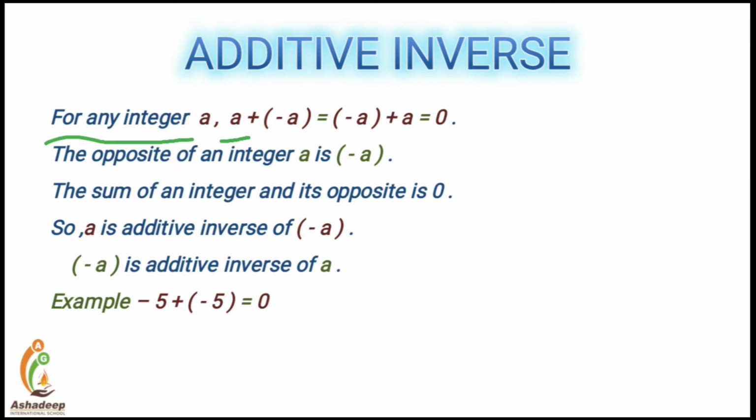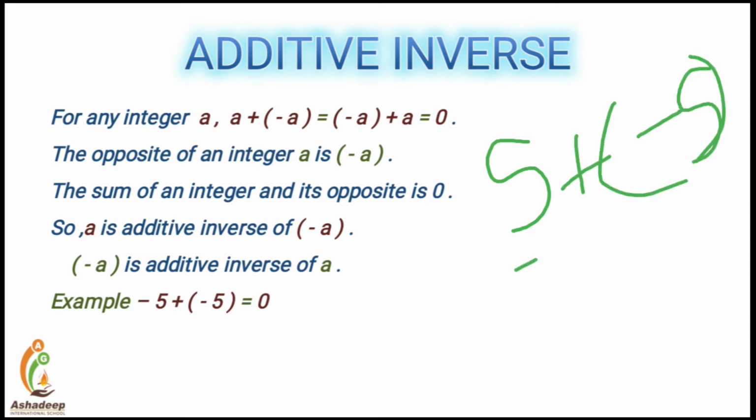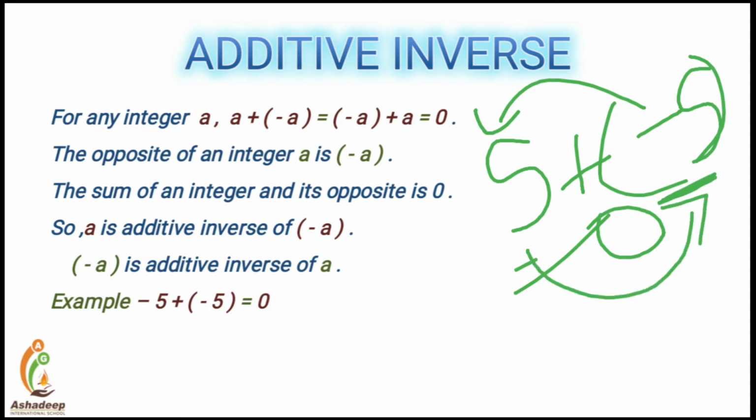By changing its sign. Suppose a number is a, then its opposite will be minus a. If a number is 5, then its opposite will be minus 5. And when we add these two numbers, their sum will also be 0. So we can say that minus 5 is the additive inverse of plus 5, or plus 5 is the additive inverse of minus 5.